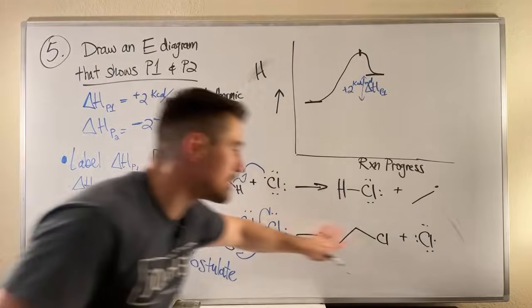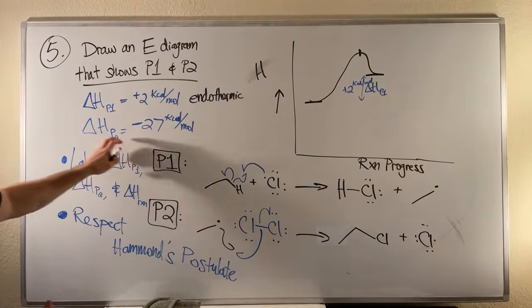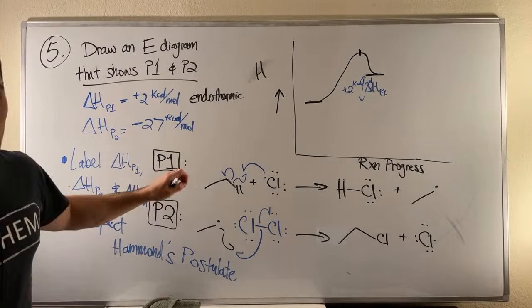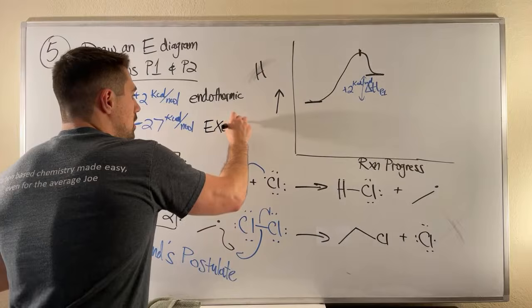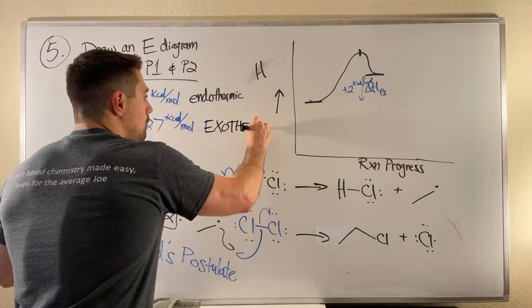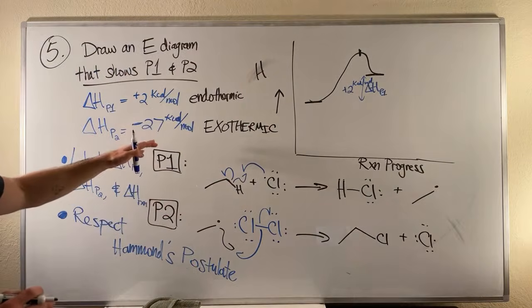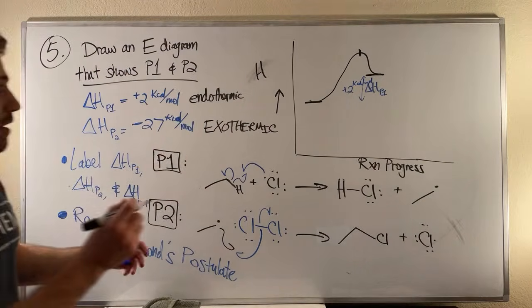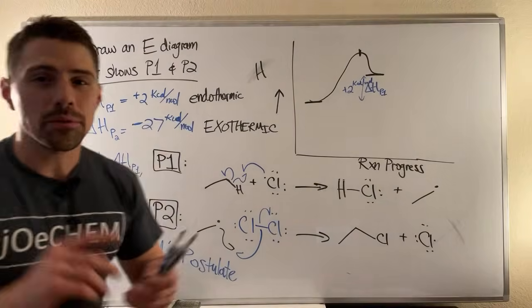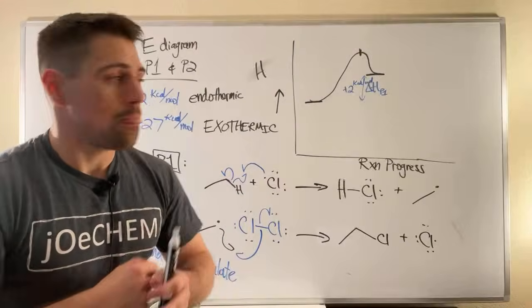To get this second step down here, we know the delta H is negative 27 kcals per mole. This is exothermic, and it's a lot more exothermic than the first step was endothermic. It's 25 kcals more. Because exothermic reactions are fast, you kind of go right away.